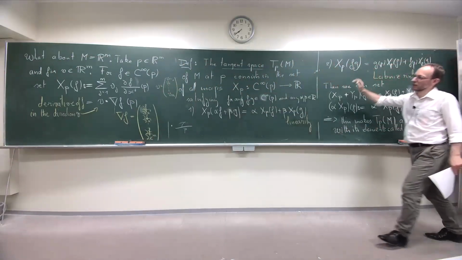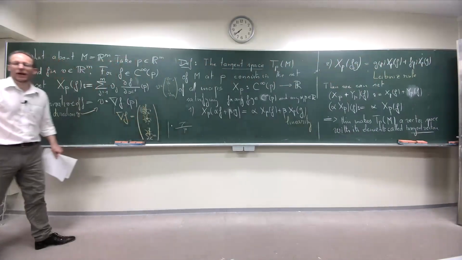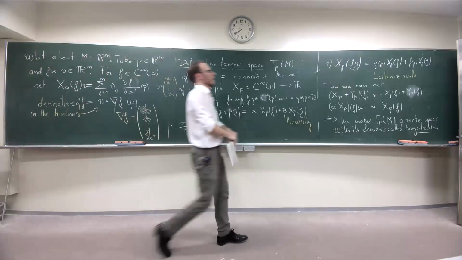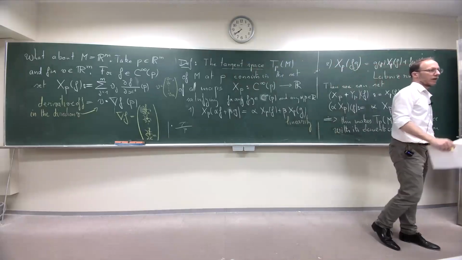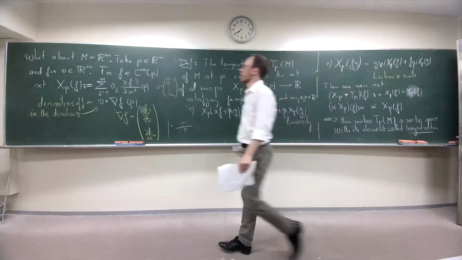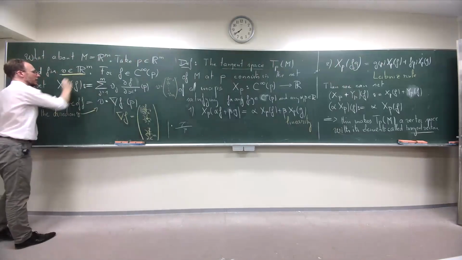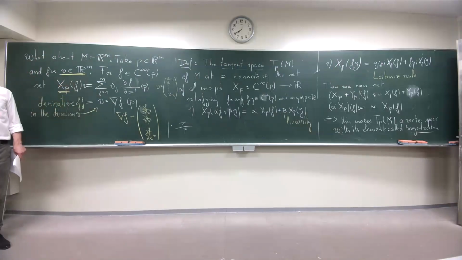What about this? When you take the derivative of a product, this is Leibniz: derivative of the first one times the second one plus derivative of the second one times the first one, you get exactly this, right? So what does it mean? It means with my simple v, I've been able to construct an X_p which satisfies this.